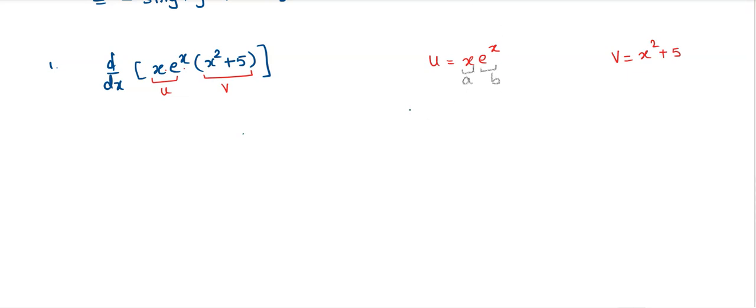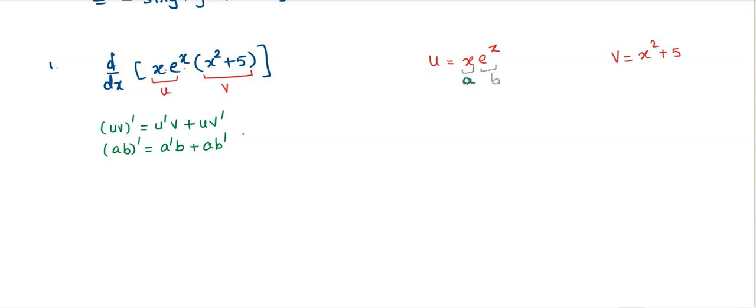So when you choose this as a and b, you have to use the product rule. What the product rule says, if it is in terms of u and v, the derivative of uv is u dash v plus u v dash. If I write it in terms of a and b, the derivative of ab equals the derivative of a times b plus a times the derivative of b.